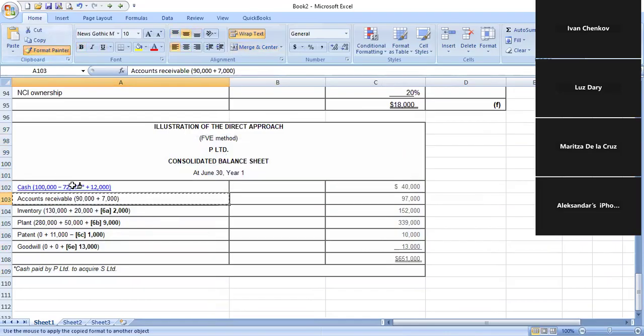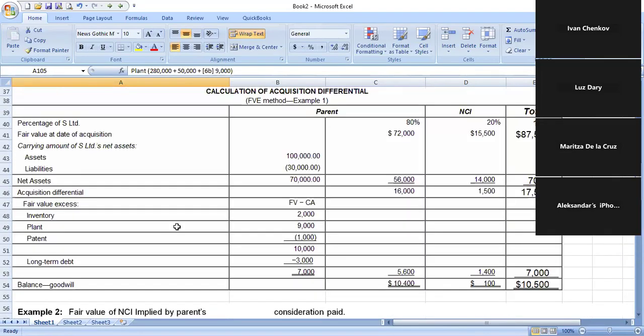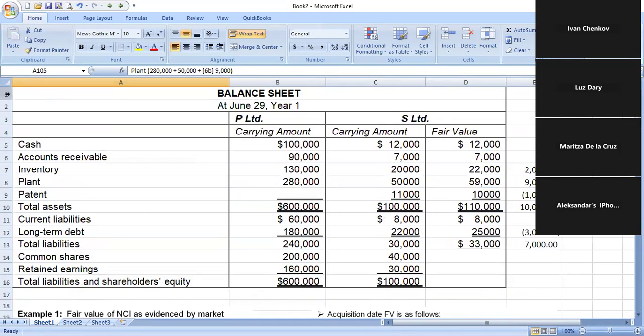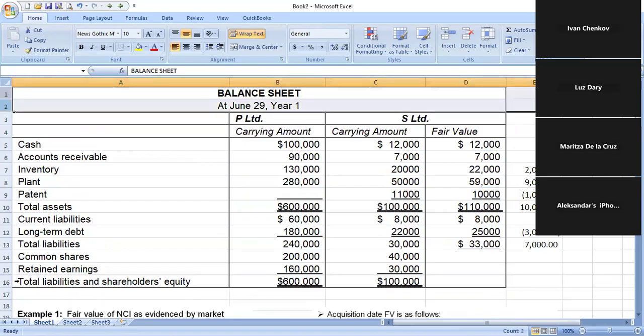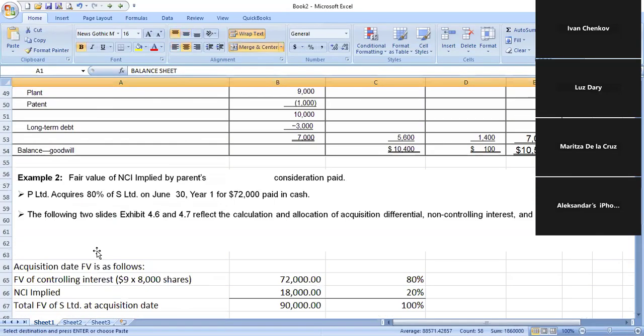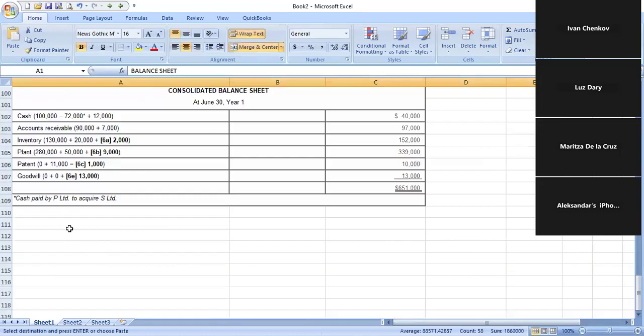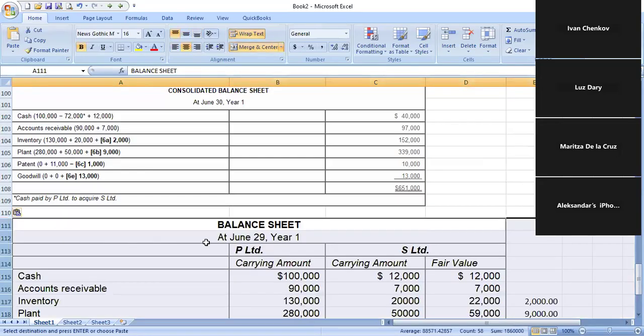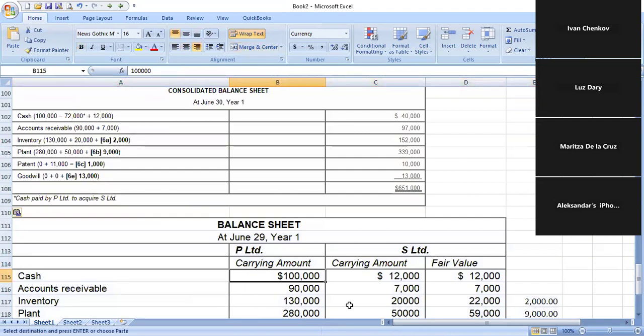So let me change this one. In the direct approach, we're going to start following our sheets here. Let me copy this and flip it right here on the bottom so you can see one and the other. So what are we going to have? I have my cash, $100,000.